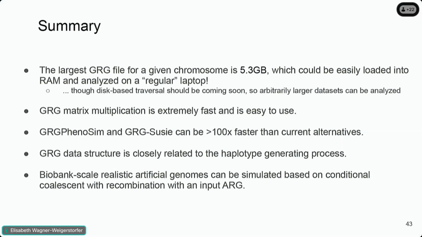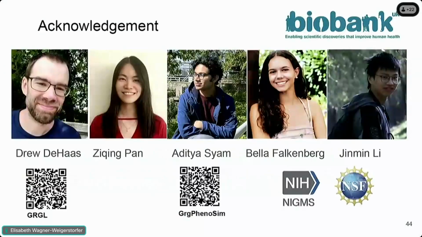Based on this GRG matrix multiplication, we built the GRG phenotype simulator and GRG SUSY, which are also much faster than the alternatives. And at the end, we talked about how maybe we can simulate new samples based on an input ARG.